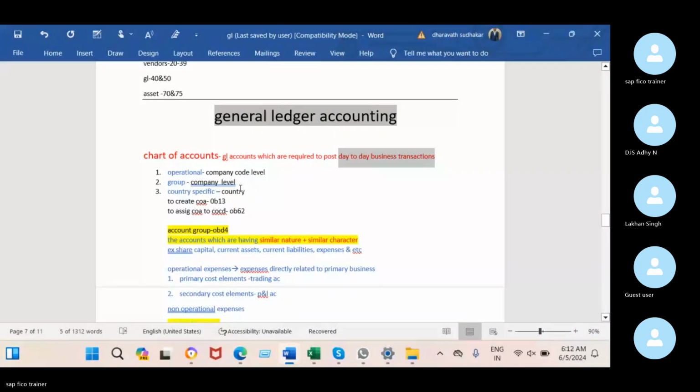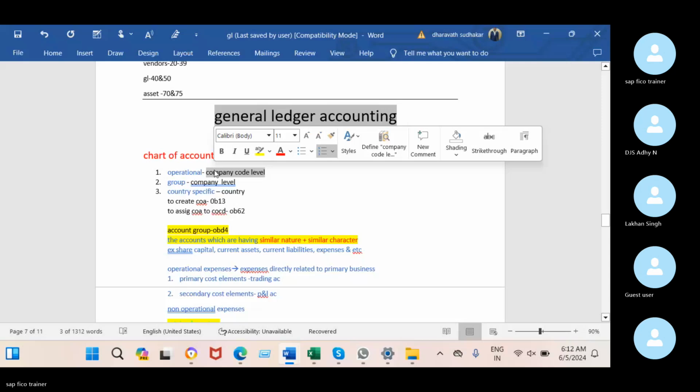So, chart of accounts is categorized into three types: operational chart of accounts, group chart of accounts, and country-specific chart of accounts. Operational chart of accounts is used to record day-to-day business transactions. The accounts which are required to record day-to-day business transactions at company code level.